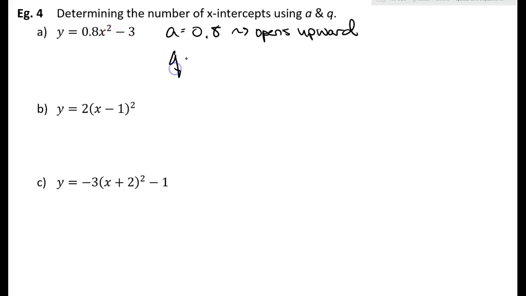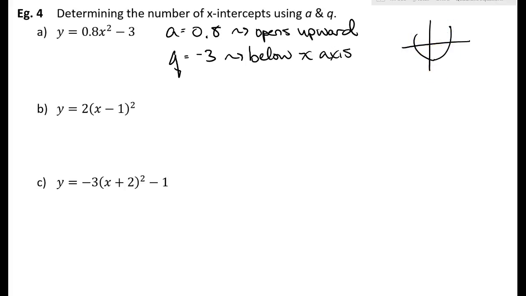Q is -3. That means that it's below the x-axis. Because of this, I know it's opening upward in this general direction.